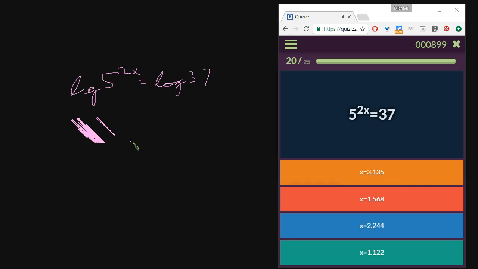Whoa, do not know what's happening there. Oh, whoops, I'm trying to use the mouse at the same time as the rest, so that did not work very well. Let's undo those last few. Okay, so log of 37. So we get 2x equals log of 37 divided by log of 5. And so we'll get a number, and then we'll divide that number by 2.